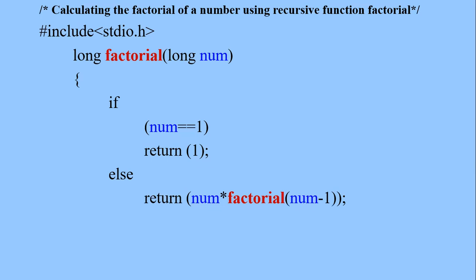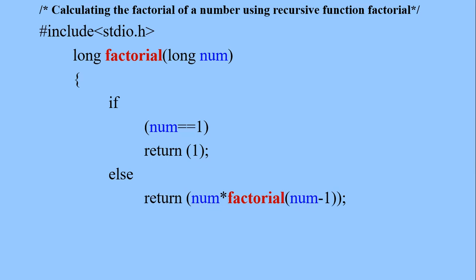So that at the end of the day, if you enter 10, it will be 10 times 9 factorial. 9 factorial is the same as 9 times 8 factorial, all the way. So the final product will be num multiplied by num minus 1 times num minus 2 times num minus 3 times num minus 4, all the way.